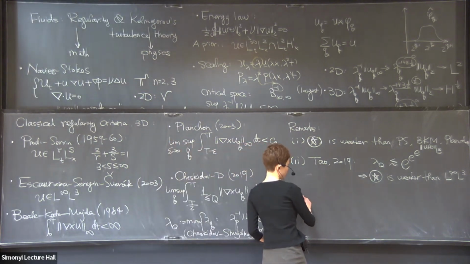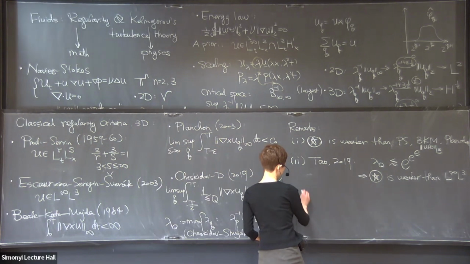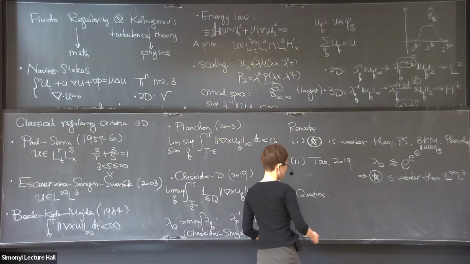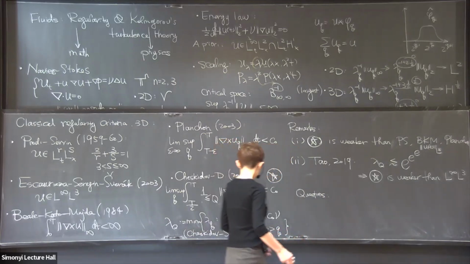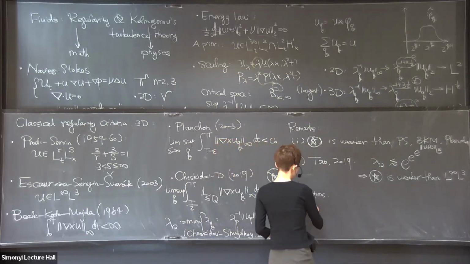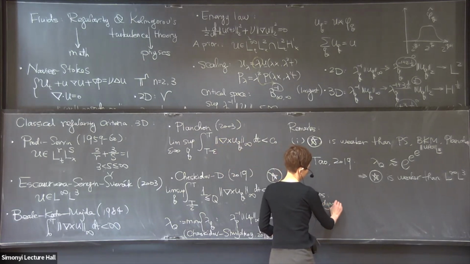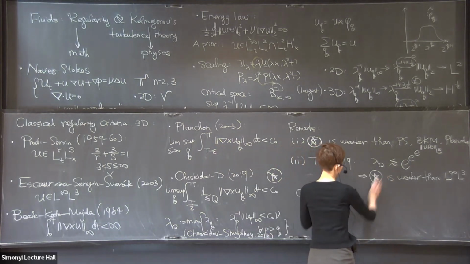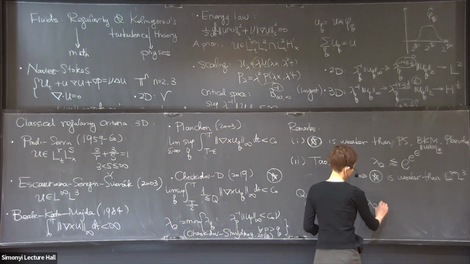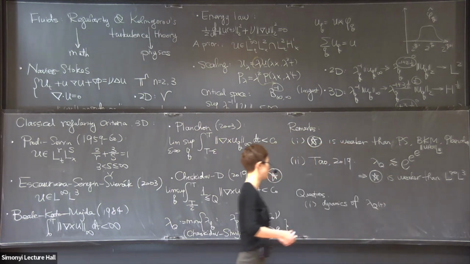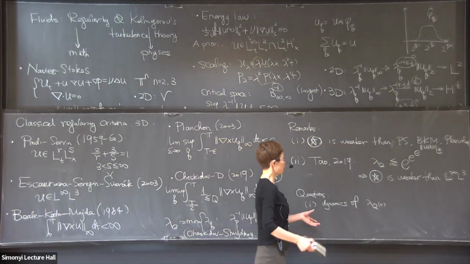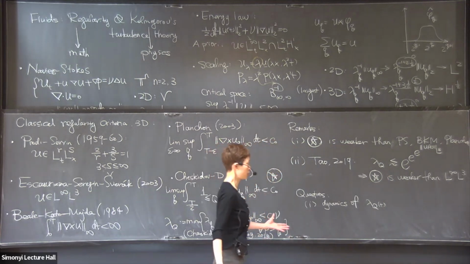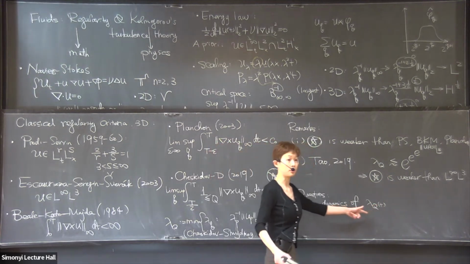Some interesting questions are left here. It would be nice to have a better understanding of the dynamics of the wave number here, which depends on time. We know that when a solution blows up, this wave number has to blow up as well.